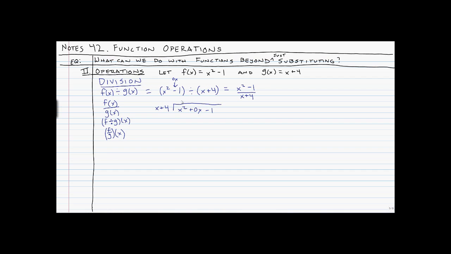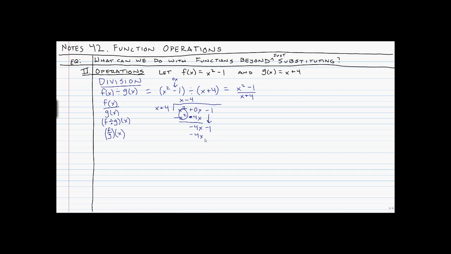So x goes into x squared, x times x is x squared. x times 4 is positive 4x. Draw the line, change the sign. This will go to 0. This will go to negative 4x. Bring down the negative 1. x goes into negative 4x negative 4 times. Negative 4 times x is negative 4x.